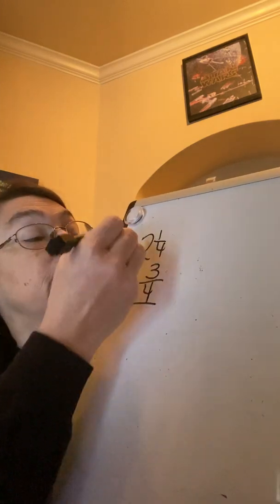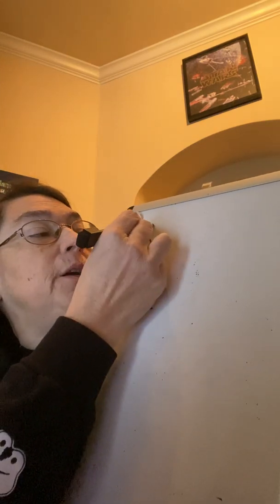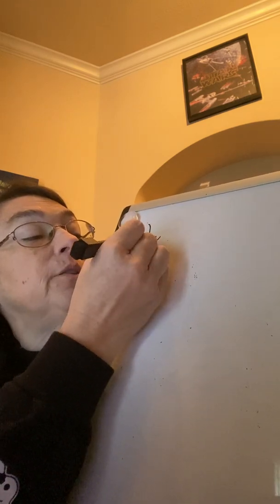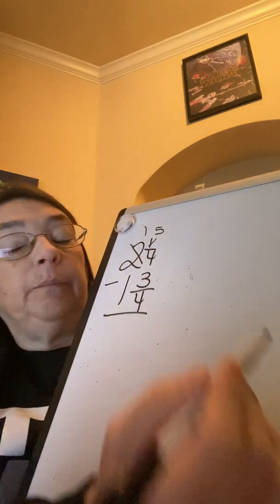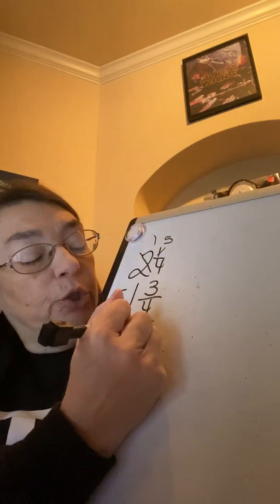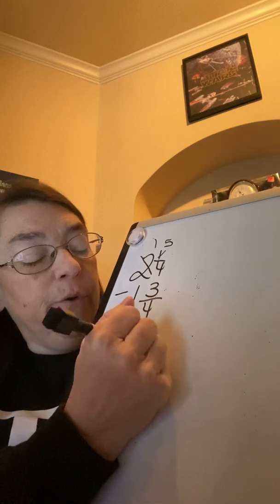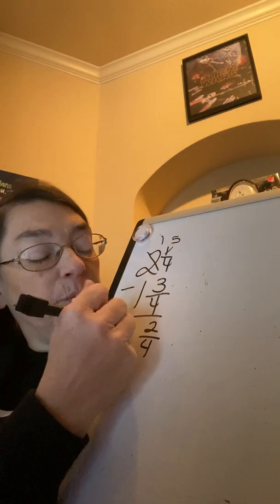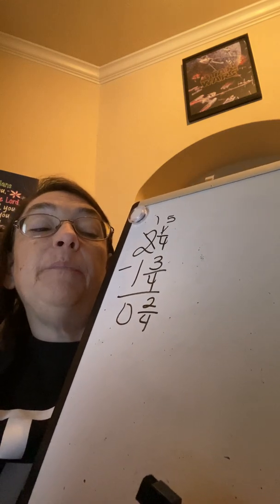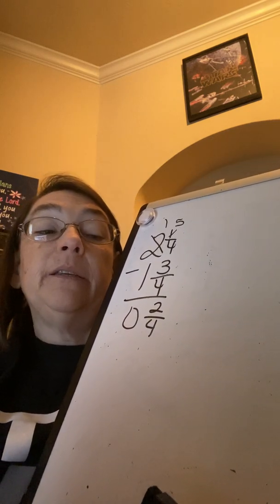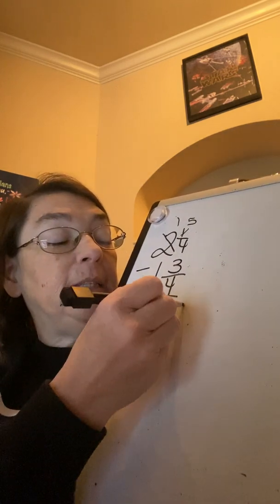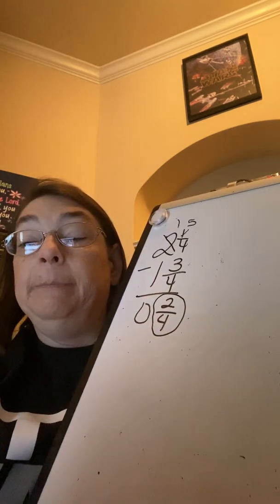No, I cannot. So my 2 becomes a 1, and then I add the 4 and the 1, so that's 5. So 5 minus 3 is 2 over 4, and 1 minus 1 is 0. So if you look at the picture on number 6, it just has 2/4 left. That's the same answer I got.